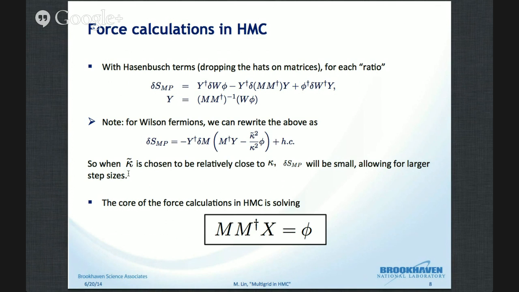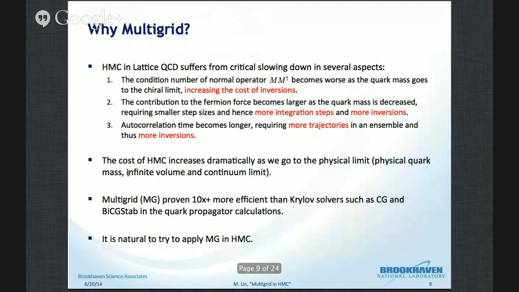So overall, from the previous few slides, we can see that the core of the calculations in HMC is solving this equation. So why do we want to use multigrid? HMC in lattice QCD suffers from critical slowing down in several aspects.